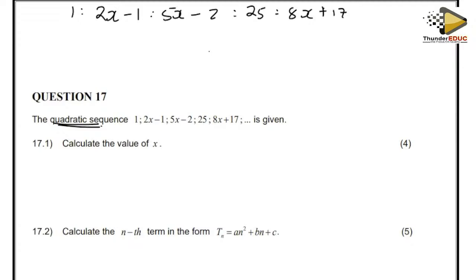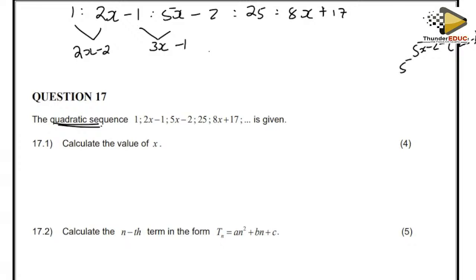Let me find the first difference. So term 2 minus term 1 is going to give me 2x minus 2. Then 5x minus 2 minus the whole of 2x minus 1.